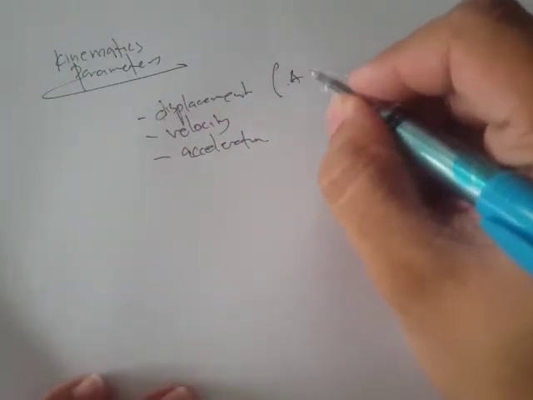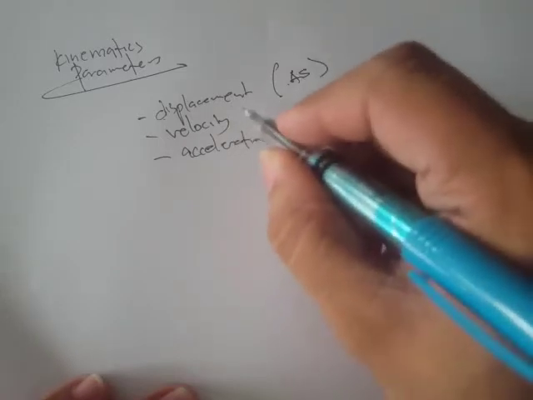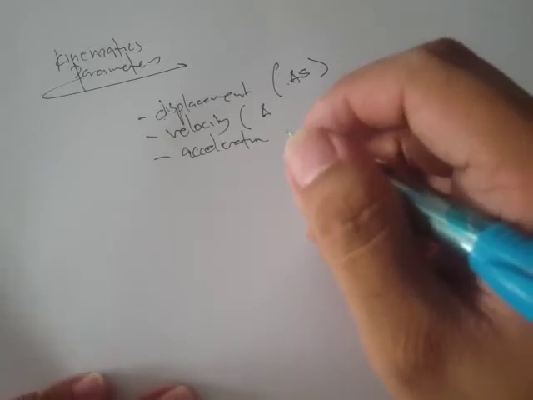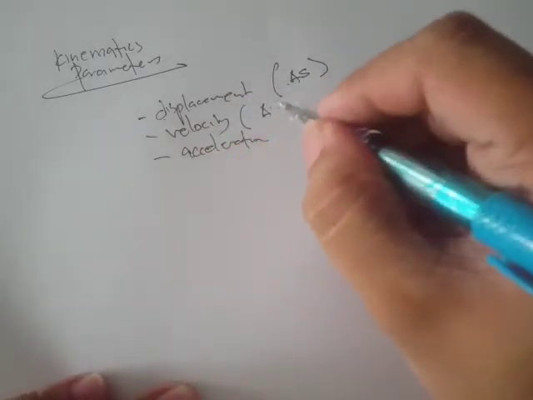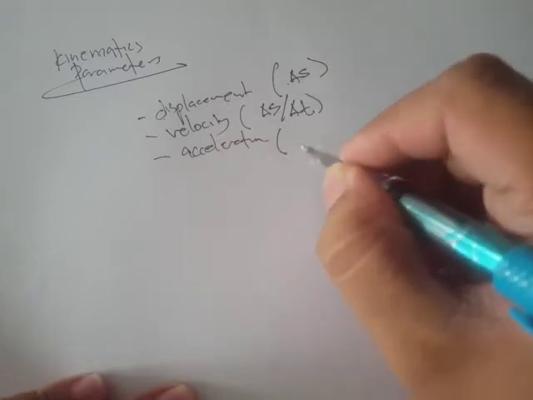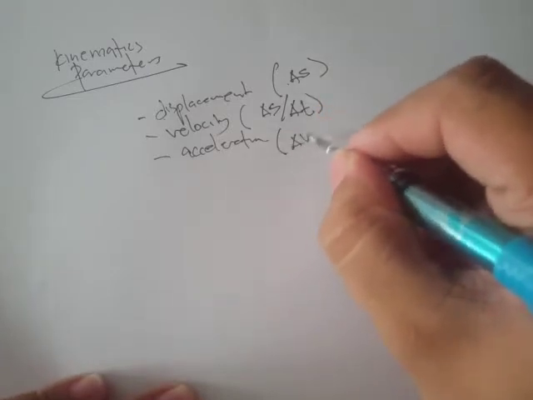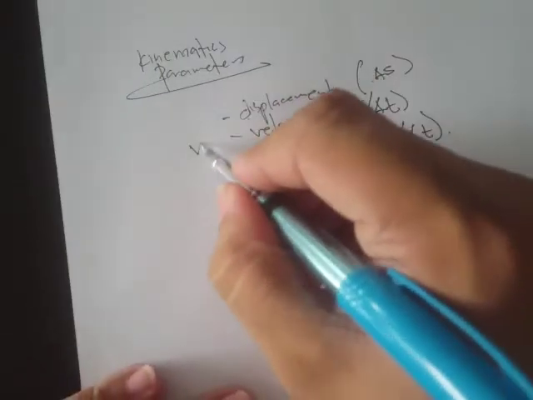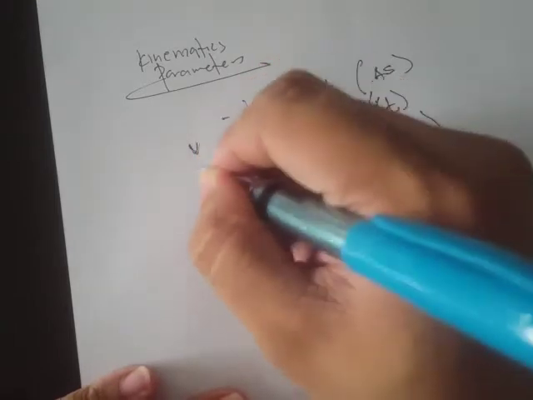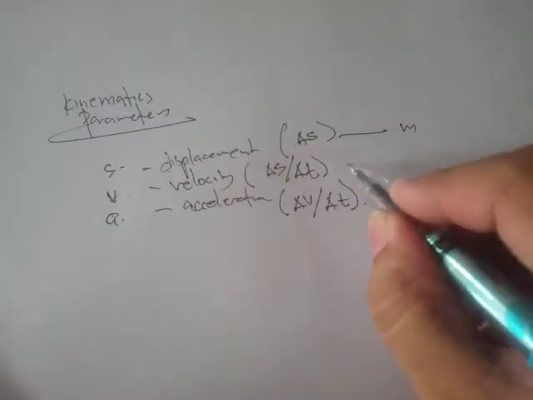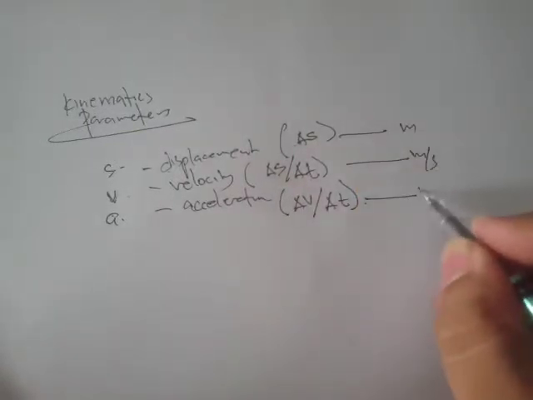So that's, let's say, delta S. And this one, the velocity, is just simply the change in position per unit time, delta S all over delta T. And then this one, the acceleration, is just simply the change of velocity per unit time. So this is V, this is A, and then this is S.